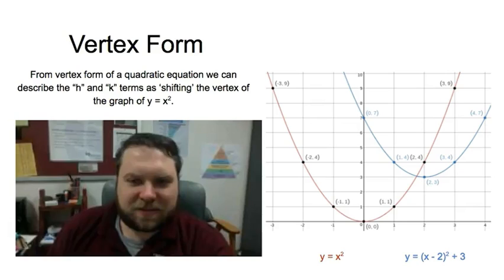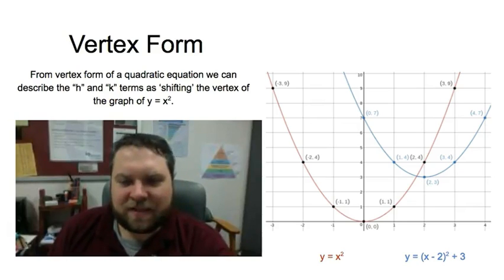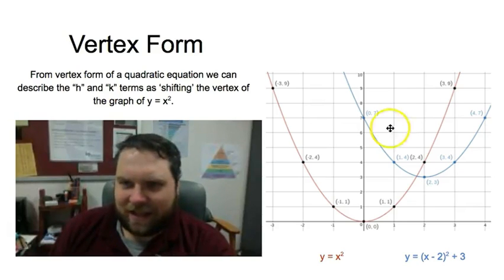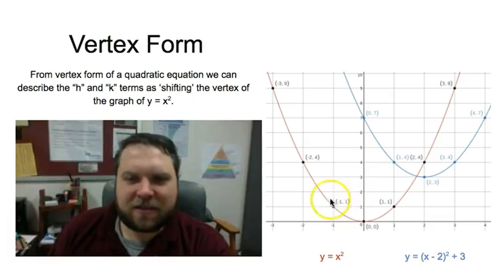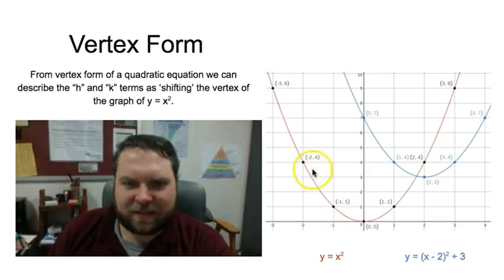So now what I'm going to look at is what happens when I add h and k into this equation. And here's what I mean by h and k. You can see I have 2 quadratics here. y equals x squared in red, and y equals (x minus 2) squared plus 3 in blue.